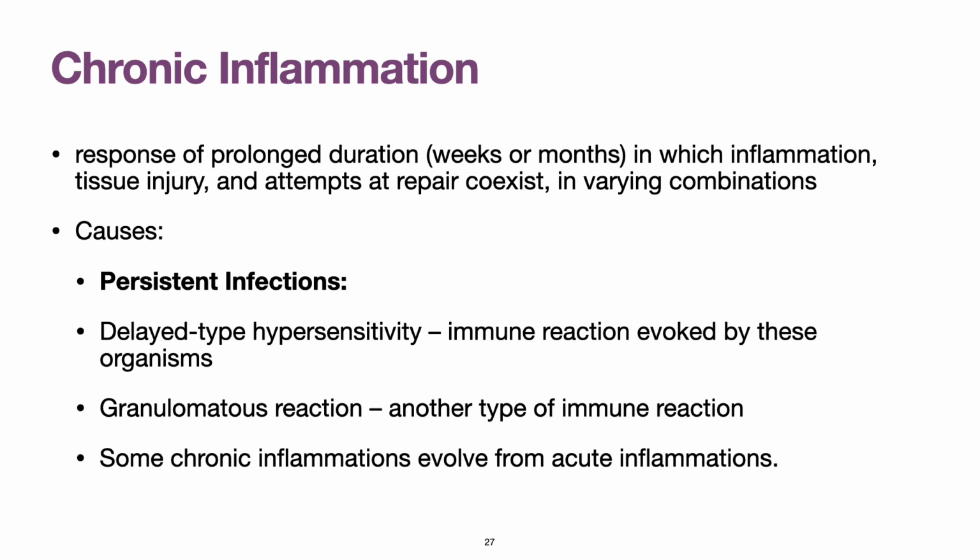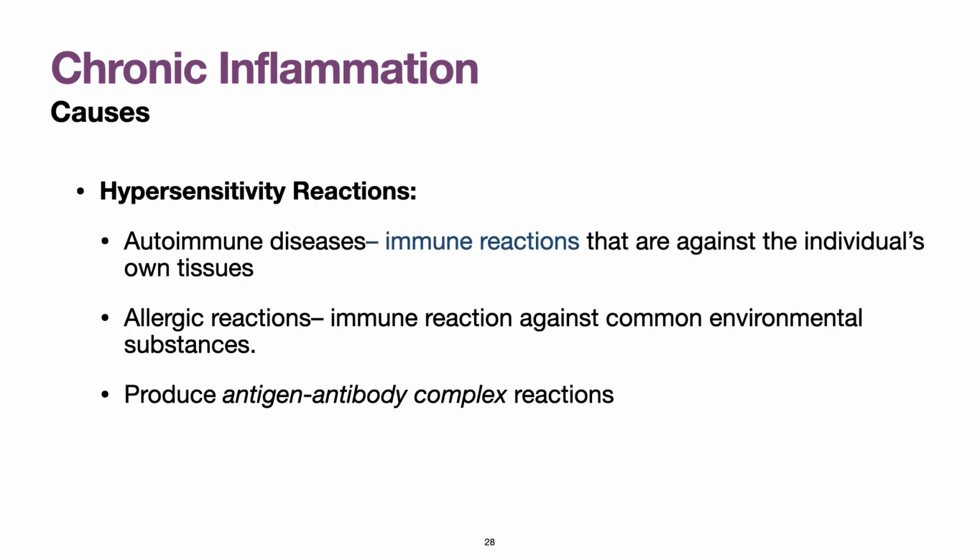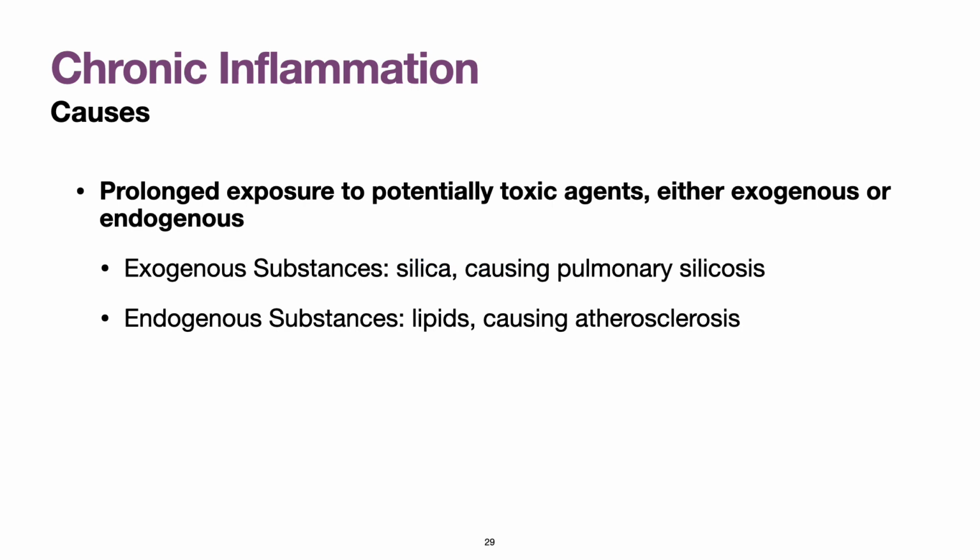We have causes: persistent infections, which promote delayed type hypersensitivity and granulomatous reaction, and some chronic inflammations evolved from acute inflammations. Hypersensitivity reactions like autoimmune diseases, and allergic reactions that produce your antigen-antibody complex reactions.